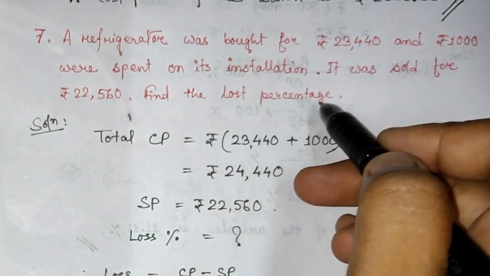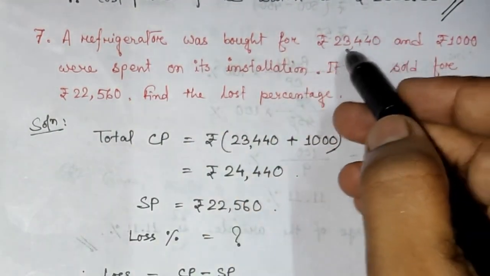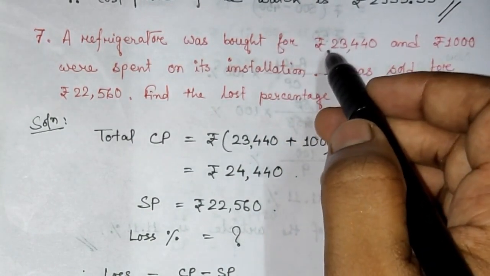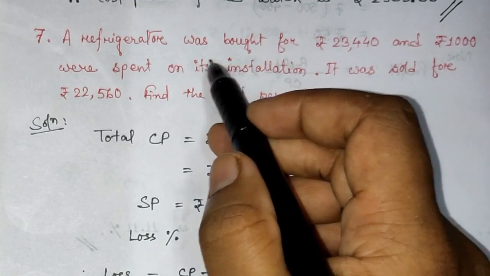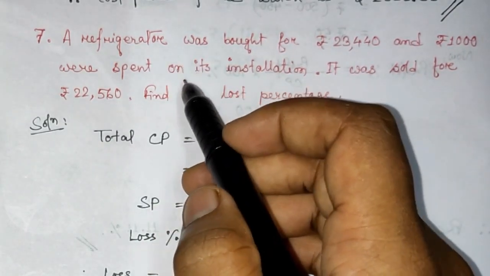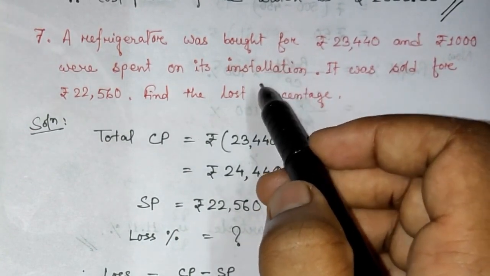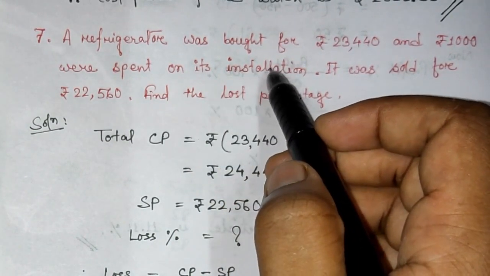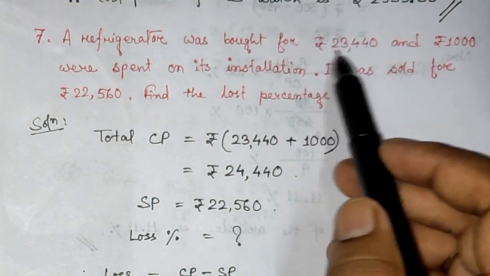You have to find the loss percentage. We have given the cost price, and 1000 is given for installation. This extra cost, this 1000, is our overhead expense. We have to add this 1000 to the cost price.